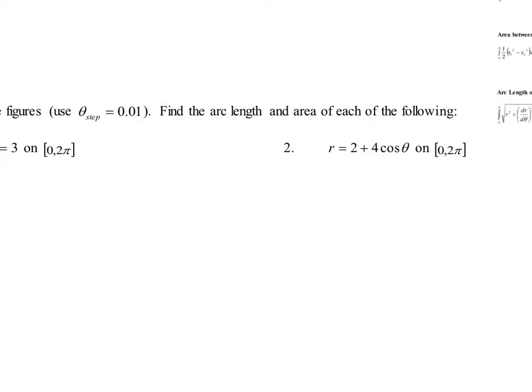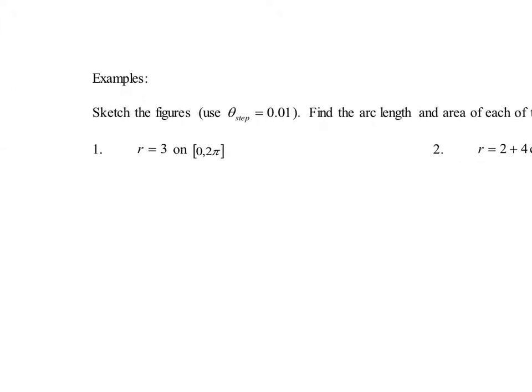Now, in theory, you should not need any calculus-based formula to figure this one out, because r equals 3 is a circle with a radius of 3. If you know that piece of information, you're pretty good to go. But let's use our newfangled technique here. Let's see if that's going to be a rewarding approach.